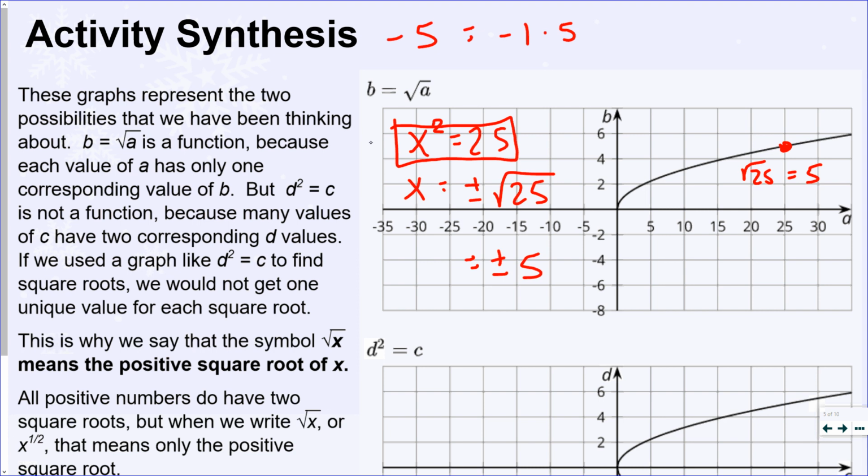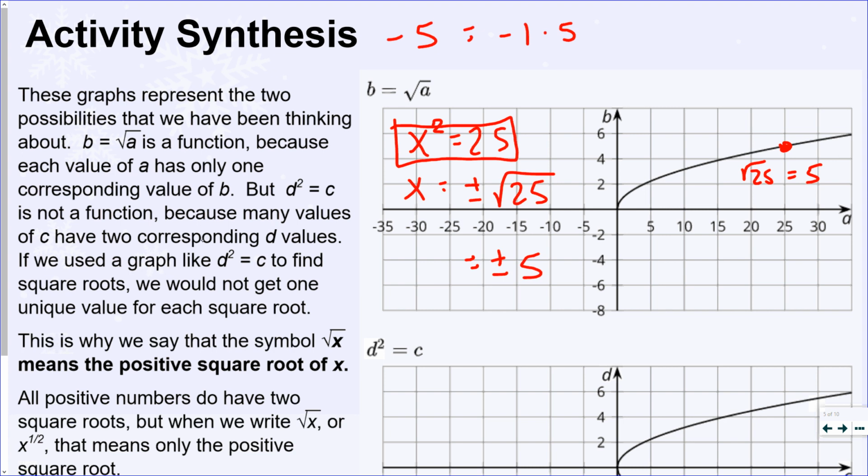So the reason why we have two solutions is because both of them, when squared, give you 25, even though the square root of 25 itself is only 5. I hope that makes sense.